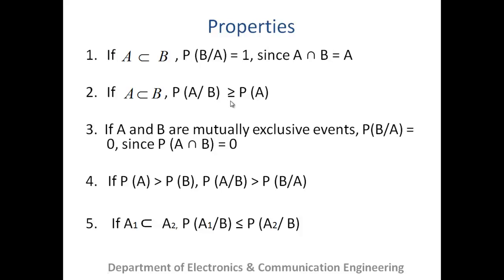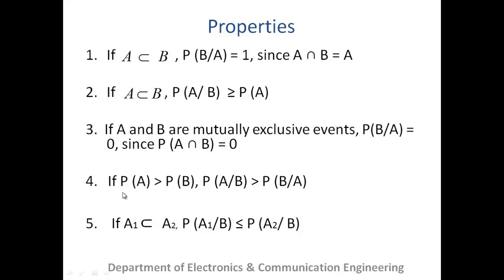It can be simply calculated as either equal to or greater than the probability of A, because this will yield the ratio of the probability of A divided by the probability of B, which can be greater than or equal to the probability of A. Then the third property: if A and B are mutually exclusive events, which suggests that their intersection is 0, then the probability of occurrence of B given that A has occurred will simply be equal to 0.